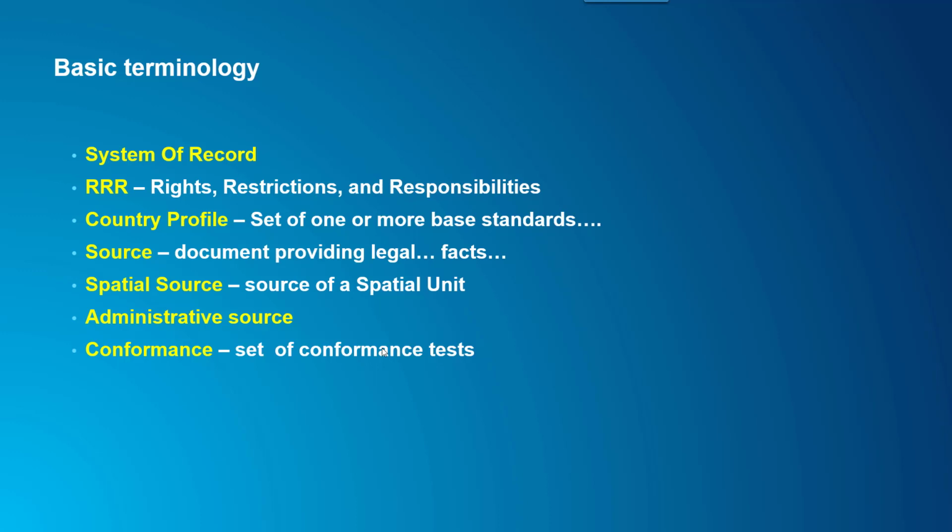A right could be ownership or a lease. A restriction could be a land use code, for example, what you cannot do on that piece of land. And a responsibility could be something like clearing fire hazards or clearing a ditch for better water flow and water management. So those are the 3 R's.